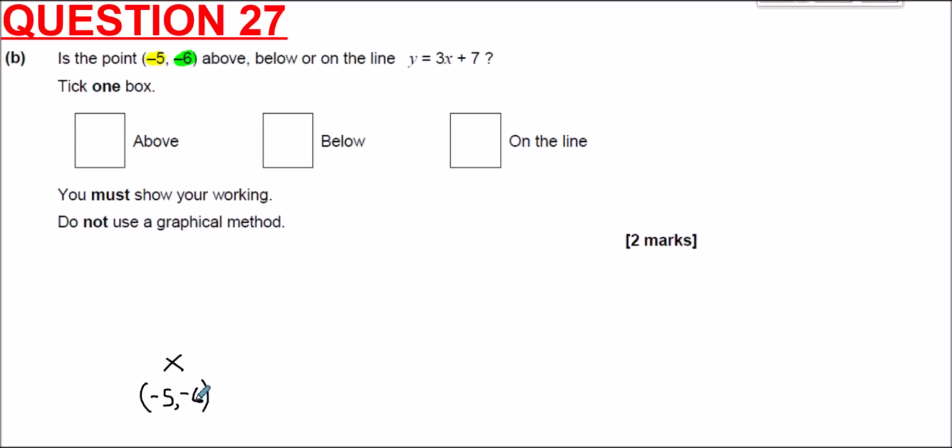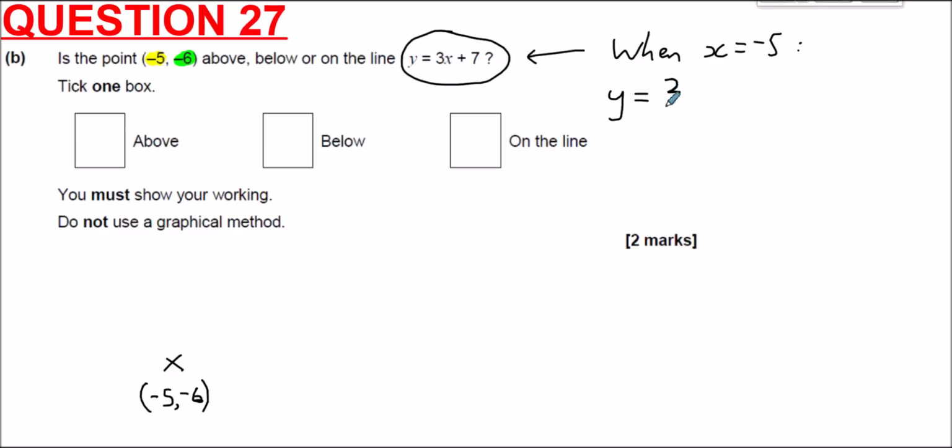What we can do now is think, what would y be when x is -5 on this line? When x is -5, y is just 3 times -5 plus 7.